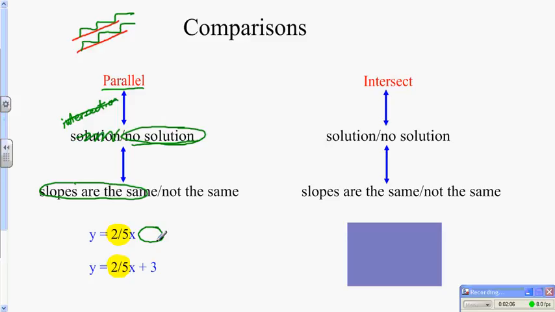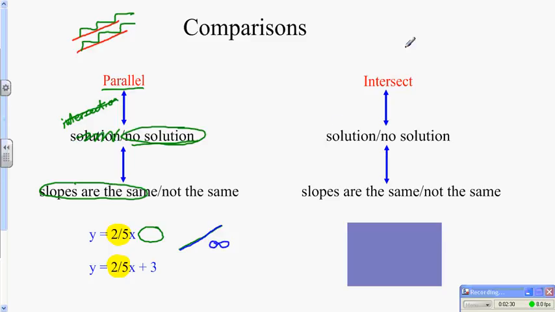If they have the same slope and the same y-intercept, then you would have the same line being drawn over itself, which means you would have an infinite number of solutions, so an infinite number of intersection points.